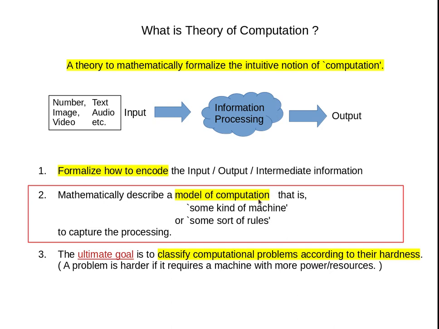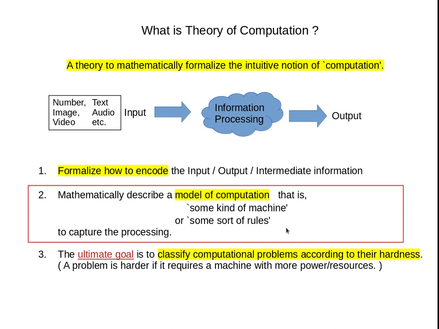Okay, a model of computation is a model of a computer, say some kind of machine, but which we describe mathematically. I also mentioned earlier that there are generally two different paradigms. One is a kind of machine, another is a kind of grammatical rule.